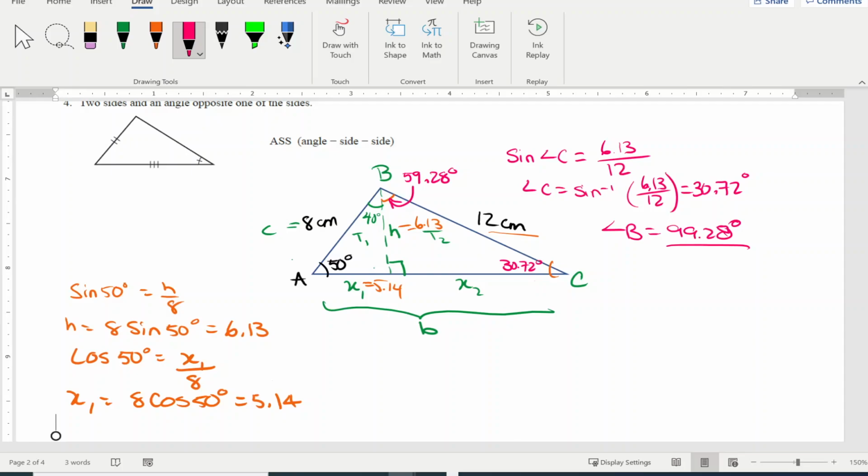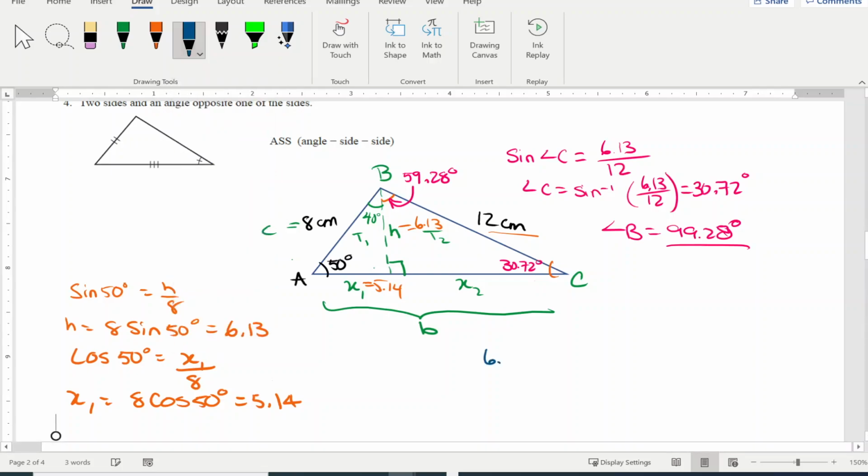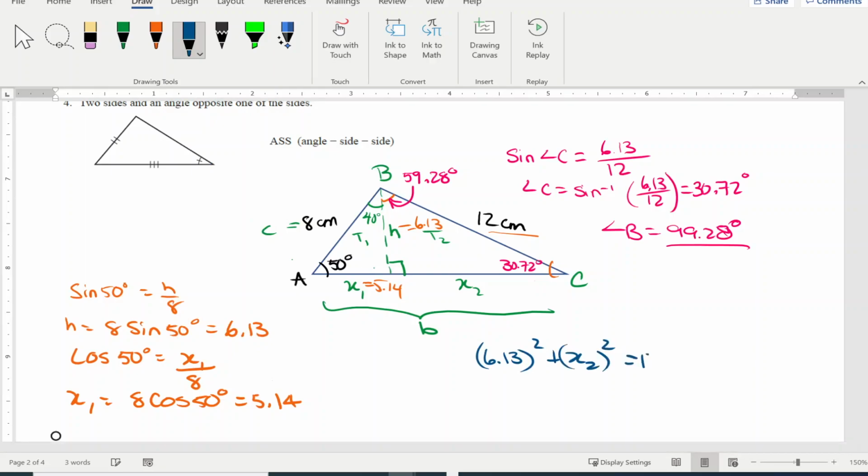Let's go ahead and use Pythagorean theorem to do that. So we have 6.13 squared plus X2 squared is equal to 12 squared.